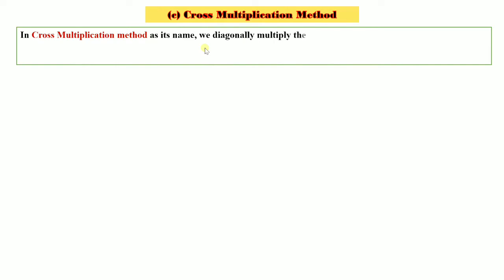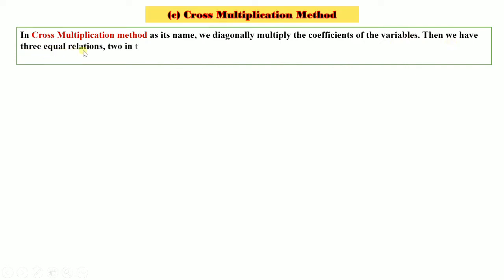I will explain what diagonally means later when we take an example. So we diagonally multiply the coefficients of the variables. Variables means x and y, and then some constants are also involved in this.